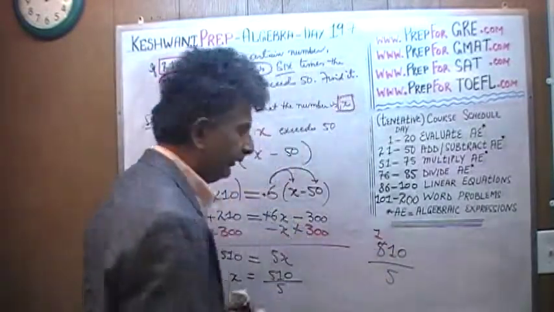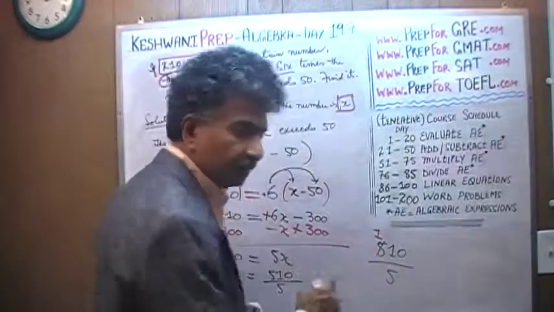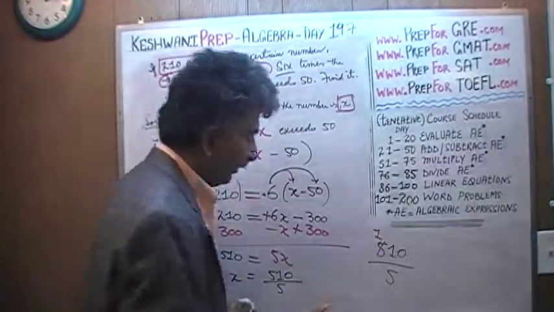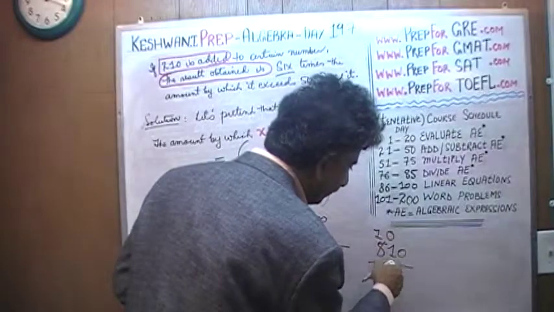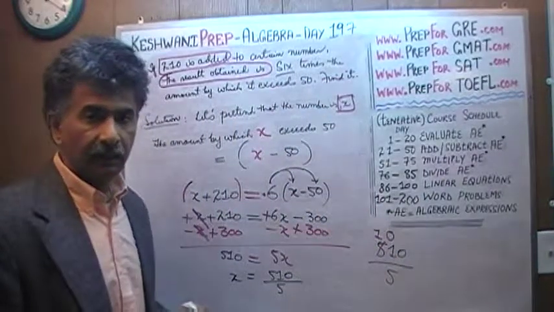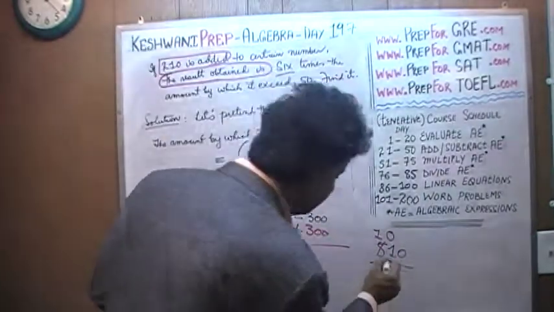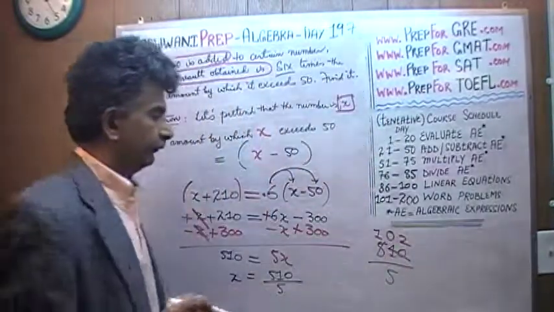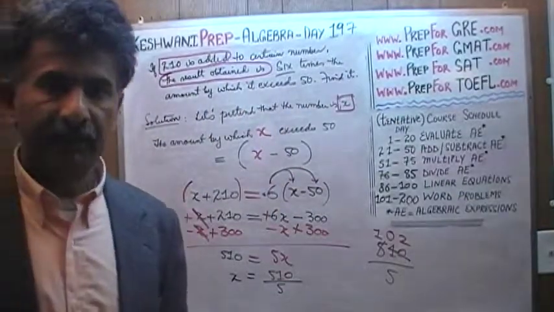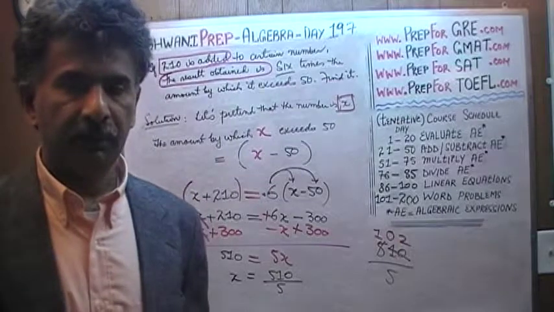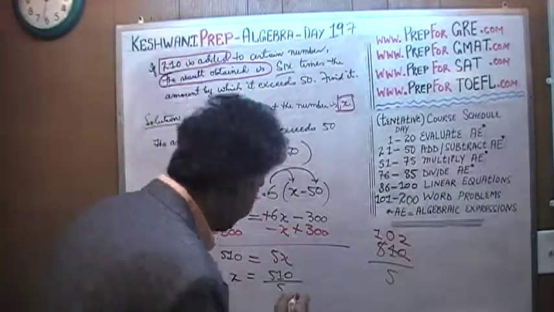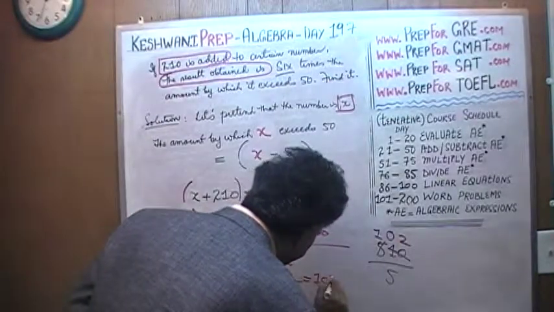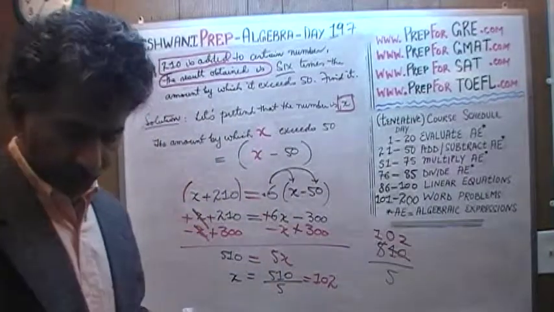How many 5s in a 1? 1 has 0 5s. There are no 5s in it. And that 1 goes and joins this guy, becomes a 10. How many 5s in a 10? There are 2 5s. So it turns out that 510 divided by 5 is 102. That's it, that's our answer, 102.